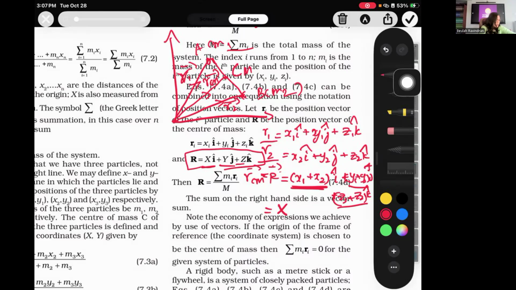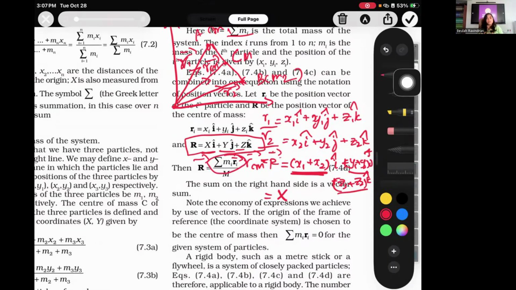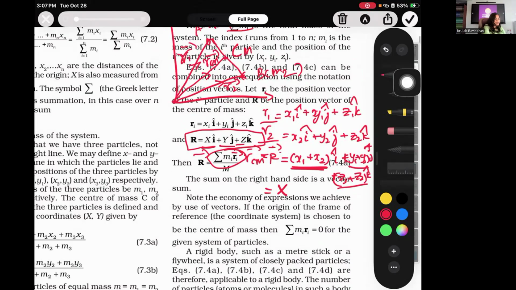So vector form is R is equal to summation over mi Ri by M. Don't forget to put the arrowhead on the R vector. So this is nothing but the summation over all the products of mass and the position vector. You can imagine, since you are taking a vector, it has these directions. So sometimes we take from the origin. If you consider the center of mass, the summation over m1 and m2 will be in the opposite direction.